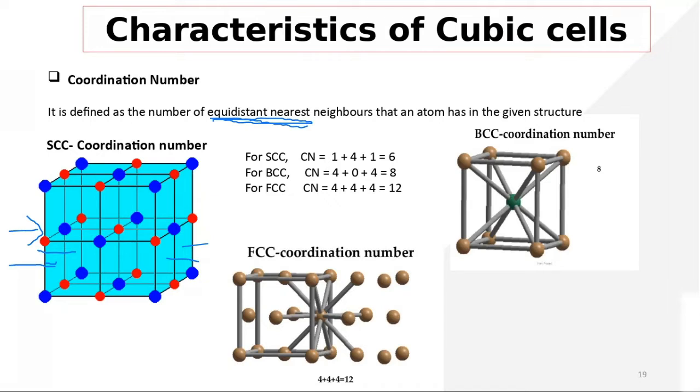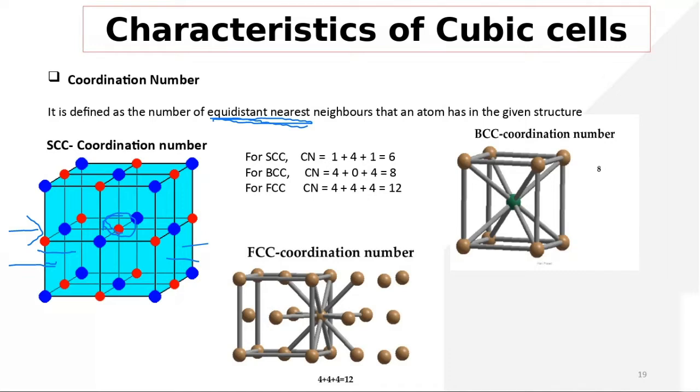When we talk about coordination number, consider this atom present in the crystal structure. How many equidistant nearest neighbors does this atom have?